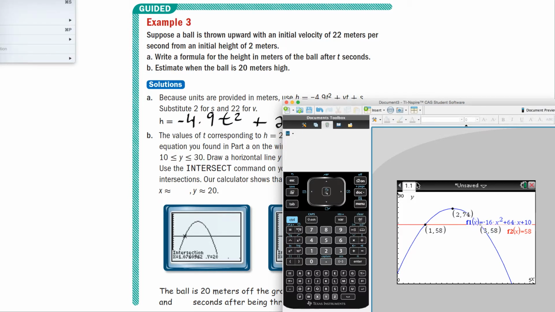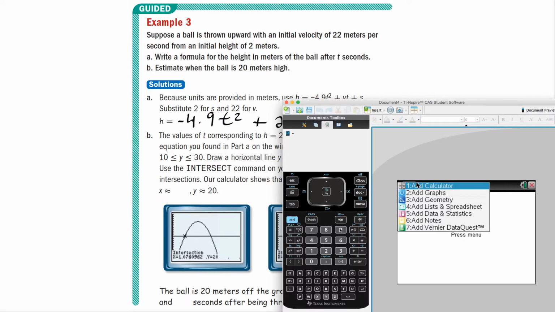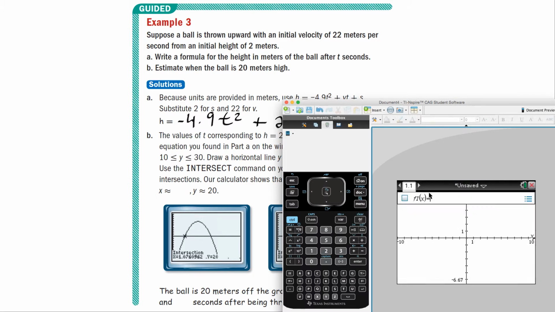In this window, I'm going to put in my function, negative 4.9. Remember, we have to use x times x squared plus 22 times x plus 2.